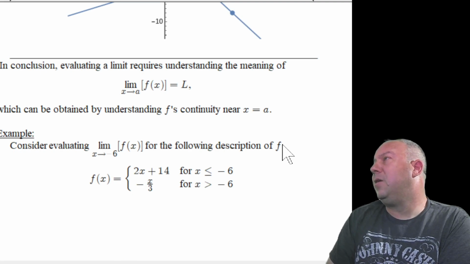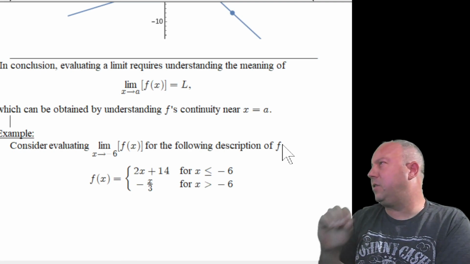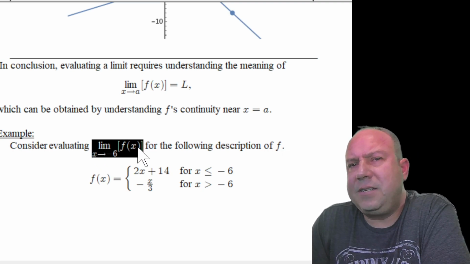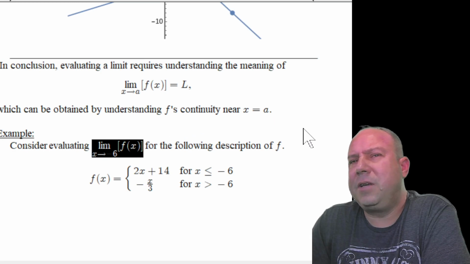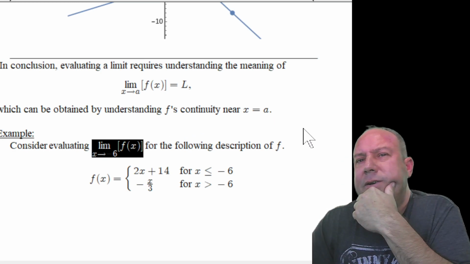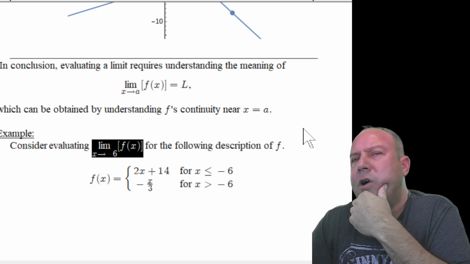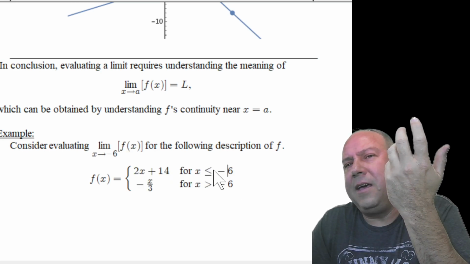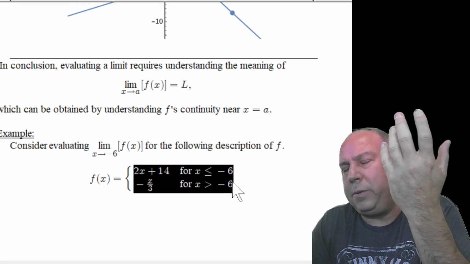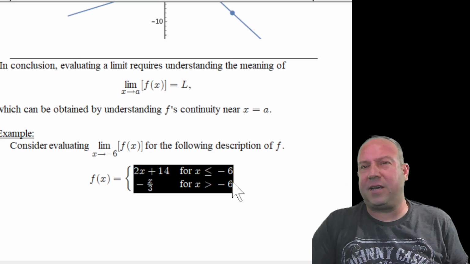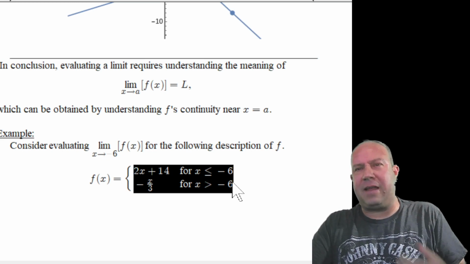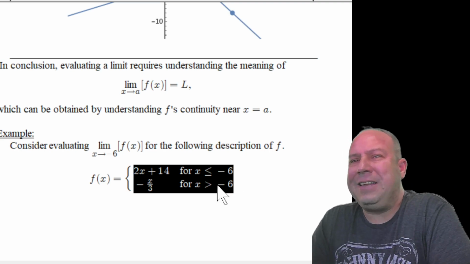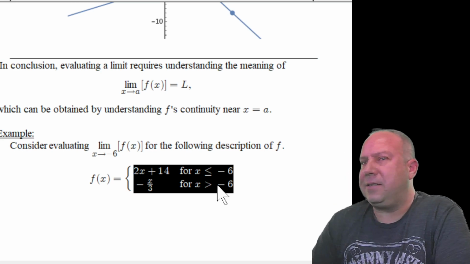We might consider evaluating this piecewise function, and this is one reason why you always want to run the test, especially when looking at the limit here. You always want to be really cautious. You just don't want to jump to the conclusion, well, this is a piecewise function, and the two pieces separate themselves at -6, you might say, so it's going to be discontinuous at -6, and thus that limit is not going to exist.